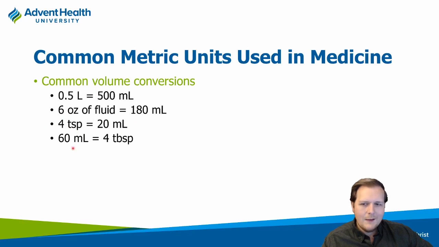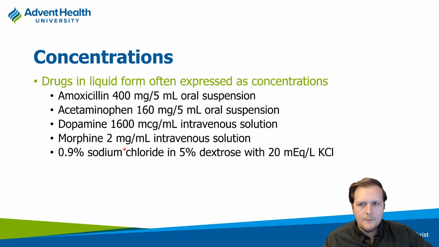Or if I had 60 mLs, how many tablespoons will that be? Well, there's 15 mLs per tablespoon. So I'd take 60 divided by 15, and then I got my 4 tablespoons, right? So again, sometimes you may get information from patients that are in imperial units. Sometimes you may be trying to convert things from metric back to imperial for your patients, depending on how they best know this stuff or how they best communicate, right?